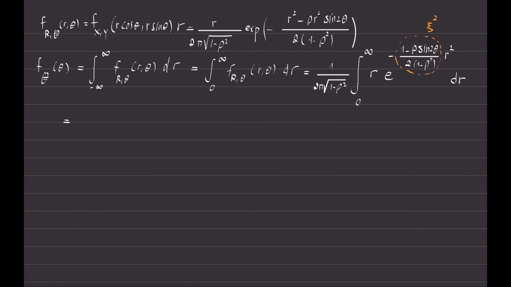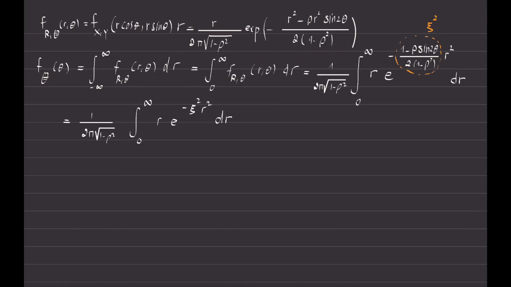So this becomes 1 over 2 pi square root of 1 minus rho squared, and then I have the integral from 0 to infinity of r times e to the power of minus c squared r squared, and I have dr. But this is a very simple integral to calculate.